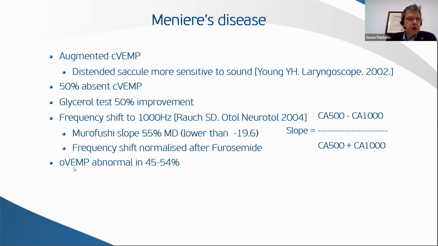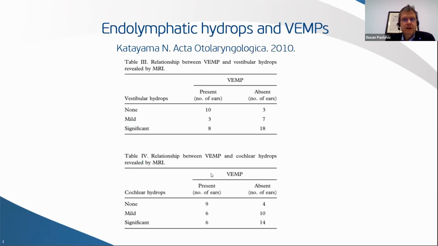And also, OVEMP results are abnormal in almost 50% of Meniere's ears. And here is a study which demonstrated endolymphatic hydrops by MRI and measured VEMPs. As you see here, the first graph is vestibular hydrops, the second is cochlear hydrops.